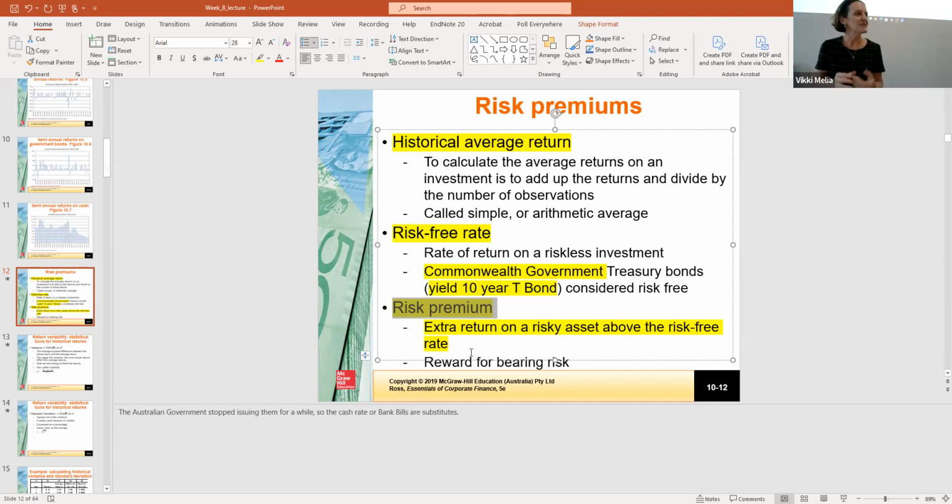Has anyone heard of standard deviation? Standard deviation is a statistical term. It's a way of measuring how much something varies around an average return. So we're going to look at measuring risk for a risky asset. We're actually going to look at calculating the standard deviation for a risky asset, and we're going to look at calculating the average return as a part of that process.